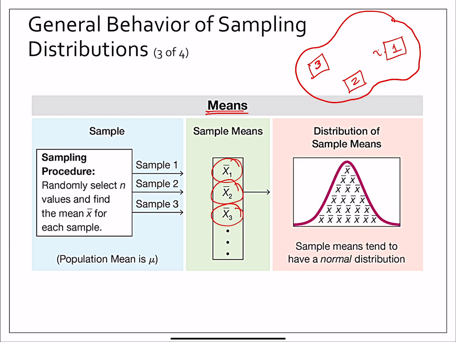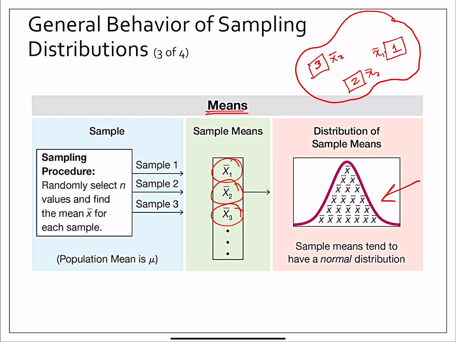For sample 1 we would have x1 bar, sample 2 we'd have x2 bar, sample 3 we'd have x3 bar. So for each of our samples we get an x bar. Basically, that's what allows us to build this, where now we have a distribution of all of the sample means.